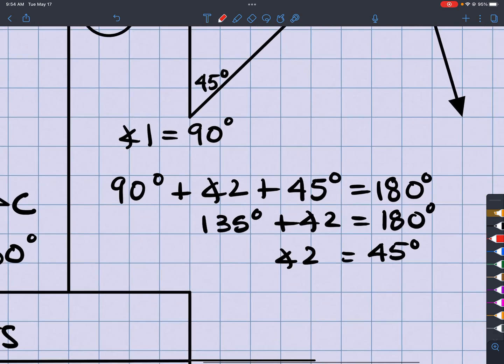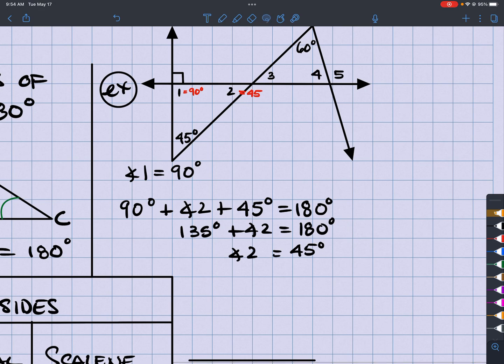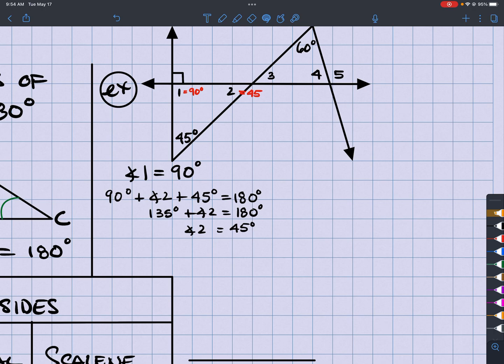Well, what do I know about angle 2 and angle 3? Let me do a line right here. Angle 2 and angle 3 are vertical angles, and they're equal.